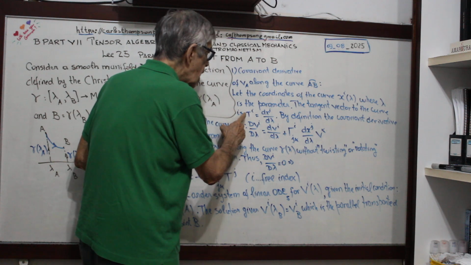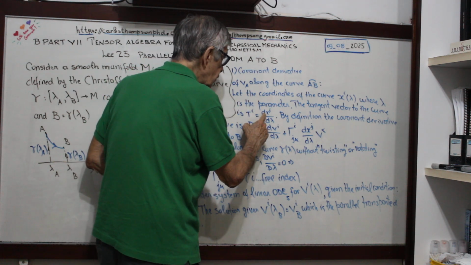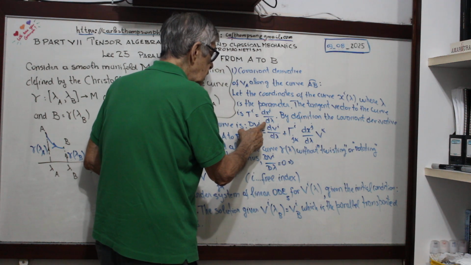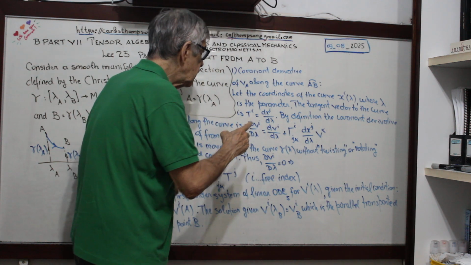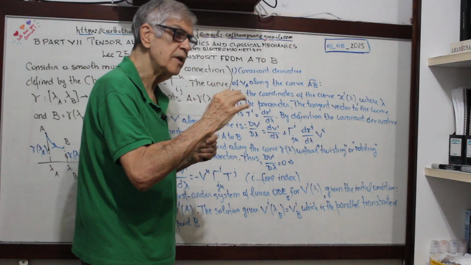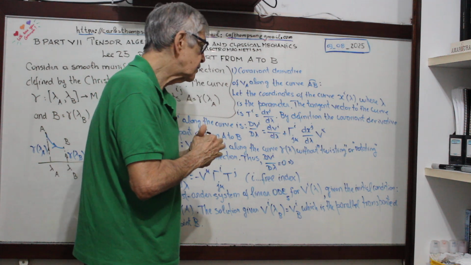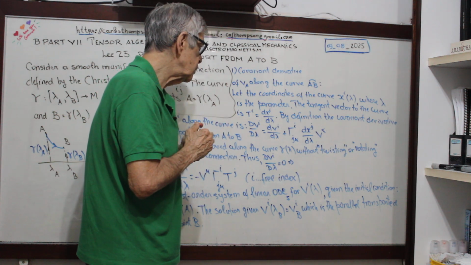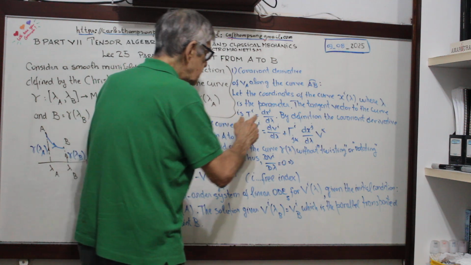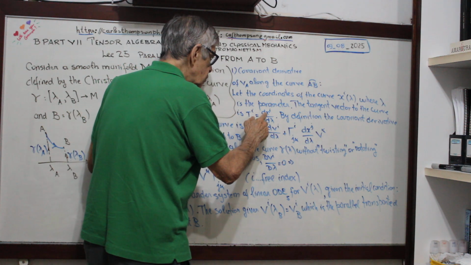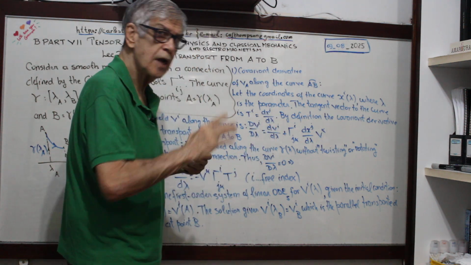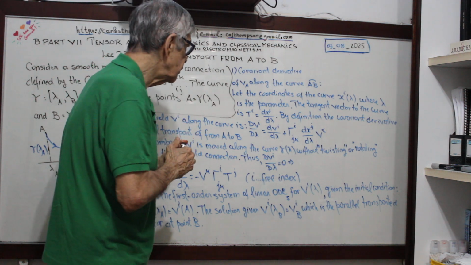Attention, ti is the derivative dxi with respect to lambda, and this derivative is obtained not on the manifold, as we also pointed out before. So these points belong to the manifold, but the derivatives are obtained outside the manifold.